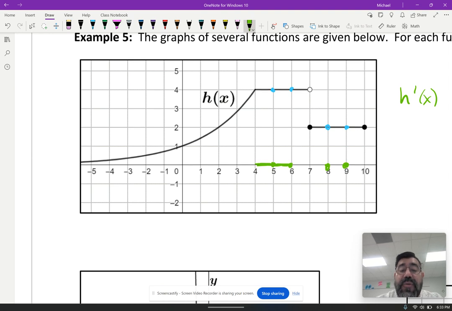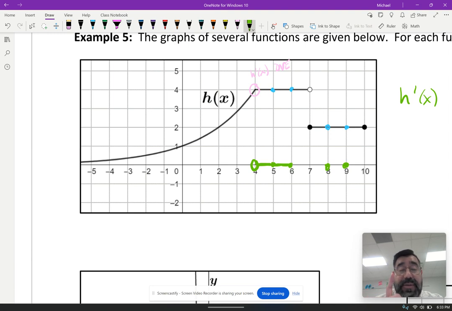But when I get to 4, this, my good people, is a non-differentiable point, right? We have a sharp turn in the graph, so the derivative doesn't exist. So at this point, h prime doesn't exist. Therefore, when I go to the graph, I should have an open circle because there's no derivative value at x equals 4.